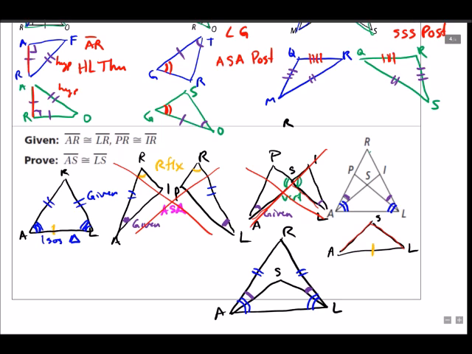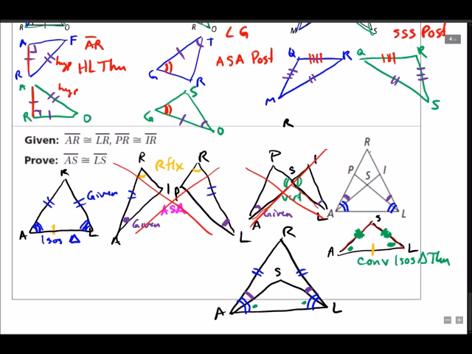So if I can get green angle and green angle, that's going to give me this and this, and then I could make these sides congruent, using the converse of the isosceles triangle theorem. So how would we get green angle?